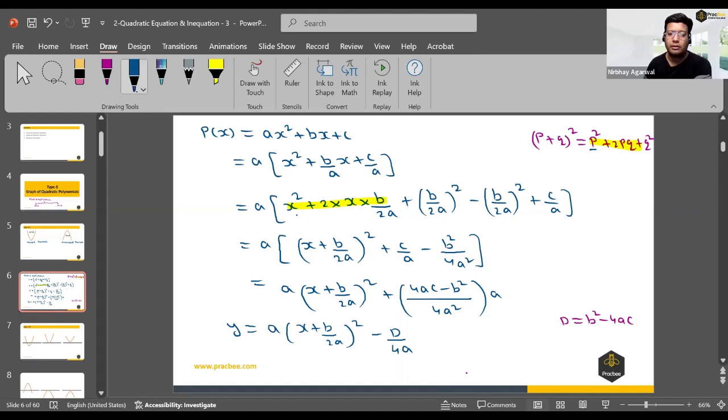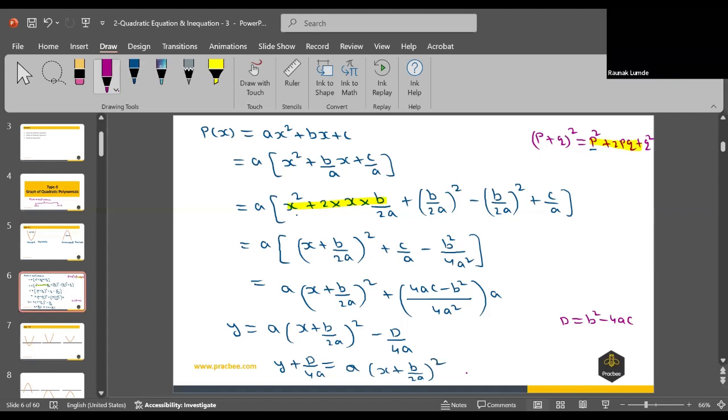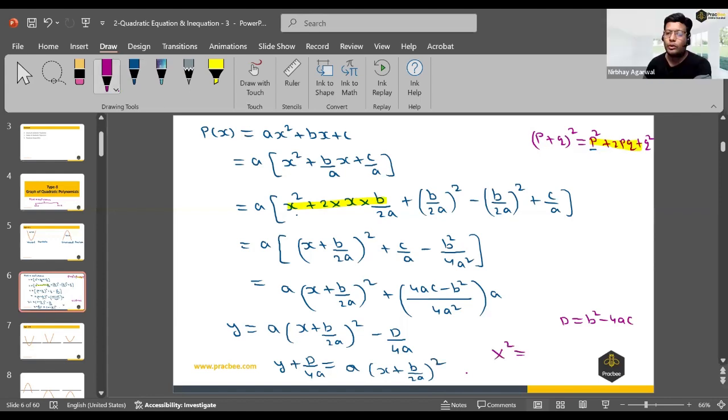So we can write y plus d by 4a is equal to a into x plus b by 2a whole square. If you compare this with x square equal to 4ay, it will be the upward parabola. That's why it depends on the sign of a.